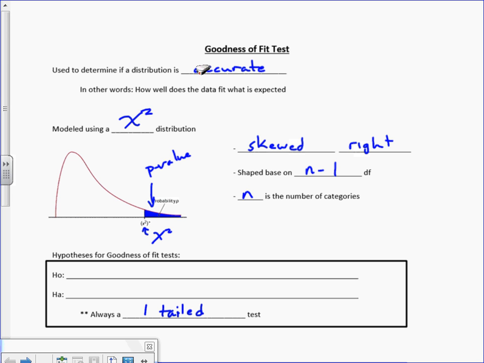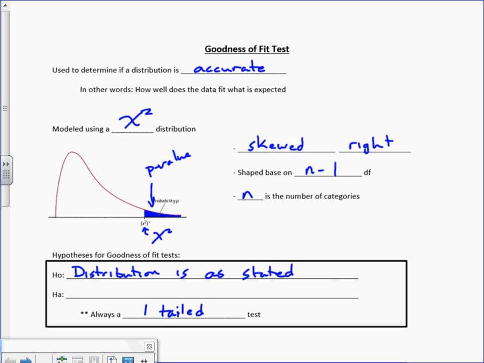The hypotheses for a goodness of fit test. The null hypothesis is that the distribution is as stated. So they might say, like a bag of M&Ms, 20% are this color, 18% of this color, 25% of this color. So when you buy a bag of M&Ms, you kind of assume the bag that I just bought is exactly as stated on the bag.